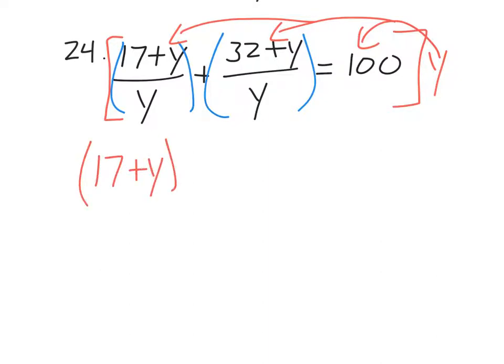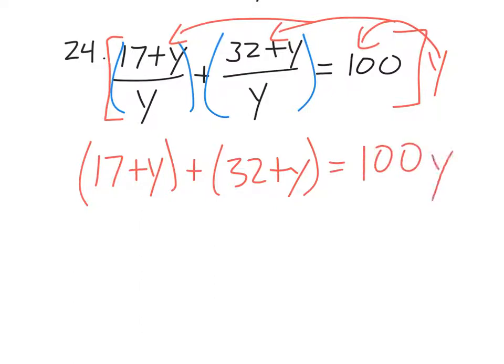Is that okay? And then when I distribute it to this term, this y is also going to get canceled, and I'll be left with 32 plus y. And of course we have to get it to the other term, so 100y. Is that okay? It's kind of nice. I think that's a lot easier to solve now.